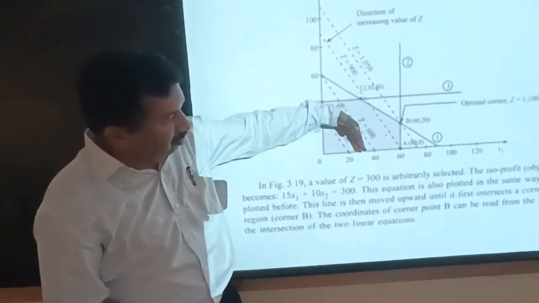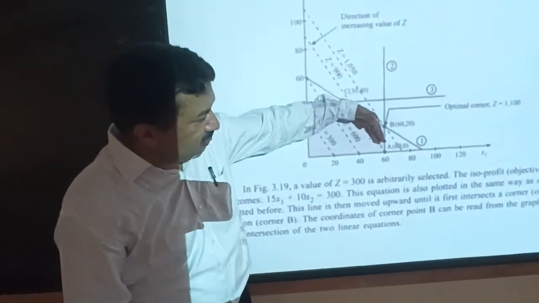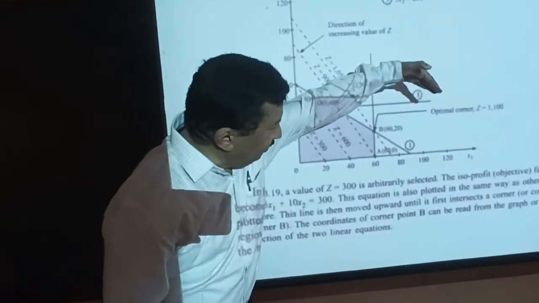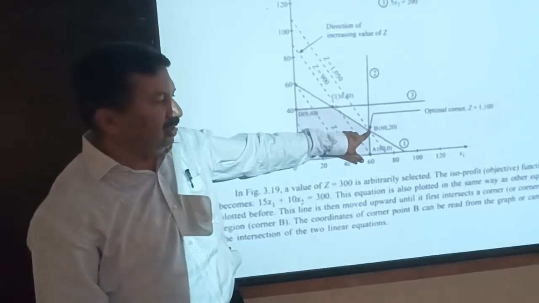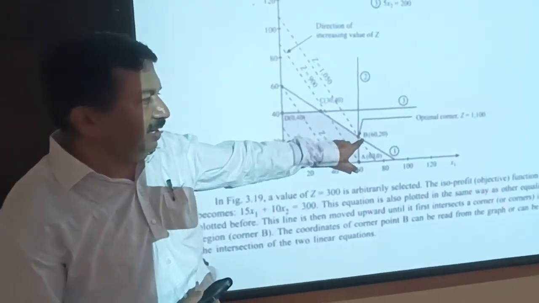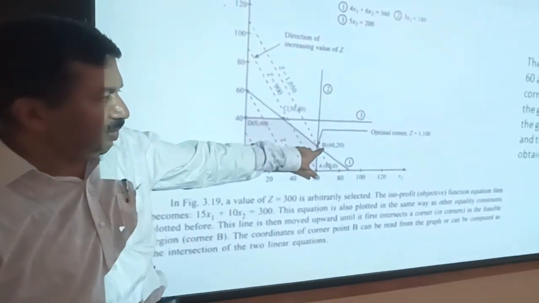We go on drawing parallel lines like this. Wherever the line just passes away from the solution space, this point, is where the profit is maximized. So the isoprofit line method has identified B as the place where profit is maximized.